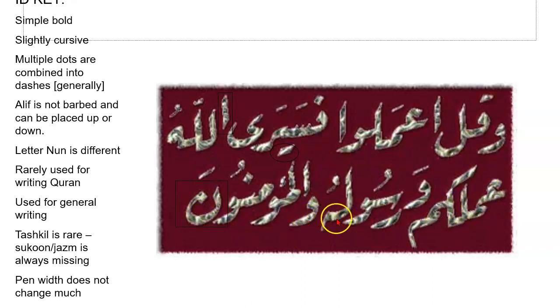The ha, very quick. The ra, look at the ra. Look at the alif, sharp, right? It could be smaller on top, trying to fit in smaller on top. It's not an entire alif that extends further down. So the idea is to be able to fit in as quickly as possible.